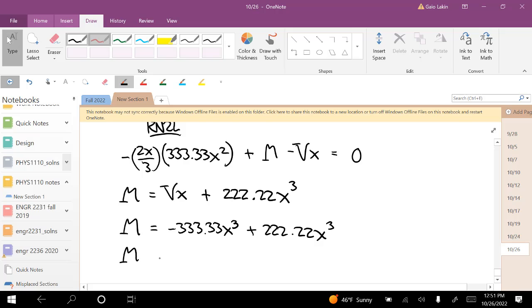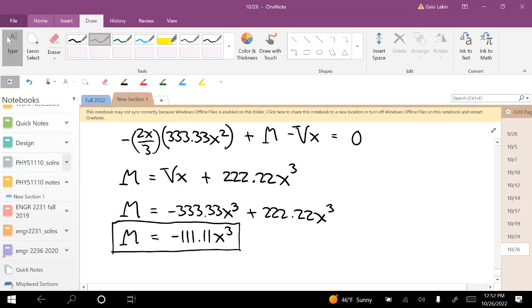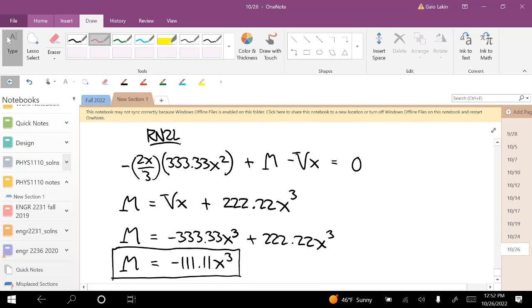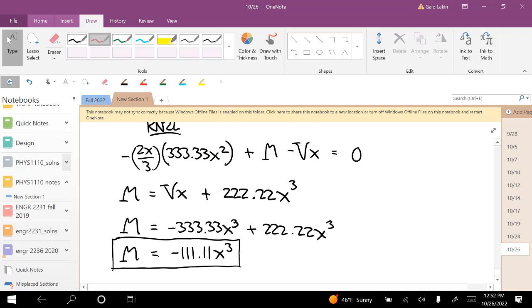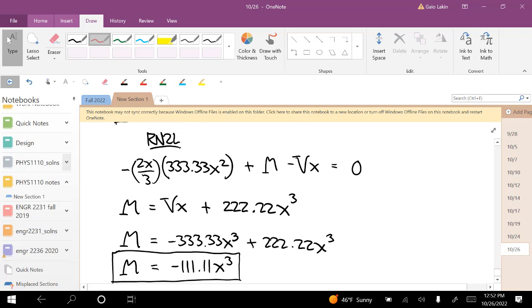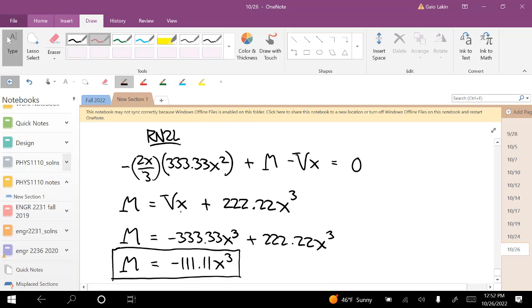And so M is equal to negative 111.11x cubed. Okay, that's only our first cut. I'll have to finish this on Friday, because you multiply the V function times x.